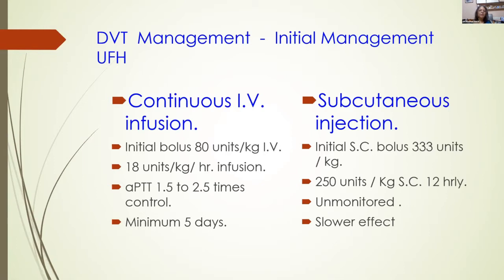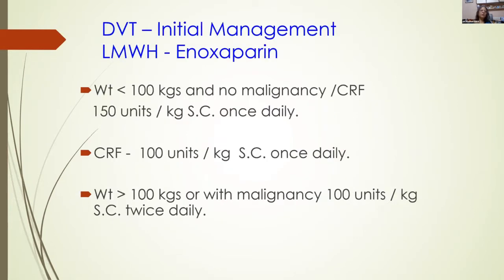If necessary, the dose needs to be adjusted so as to achieve the desired APTT levels. This infusion should continue for a minimum of 5 days, and as I mentioned earlier, we should be starting the oral anticoagulant along with it when we are using warfarin for long-term anticoagulation.